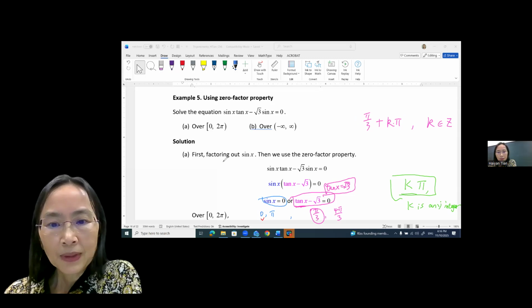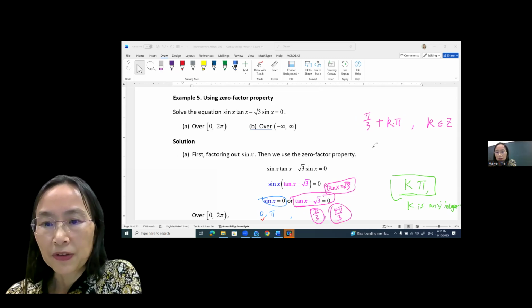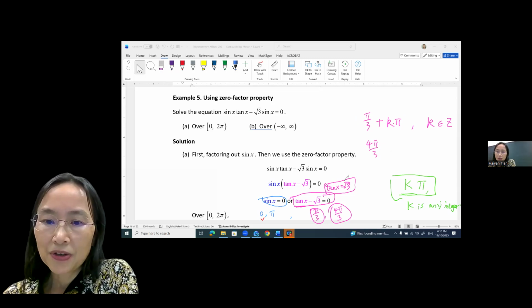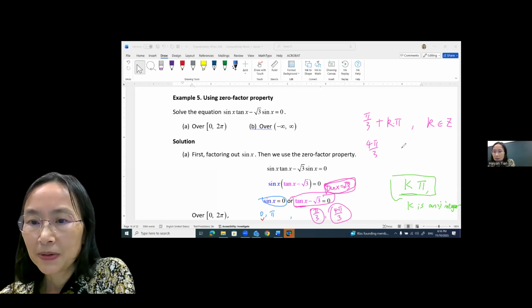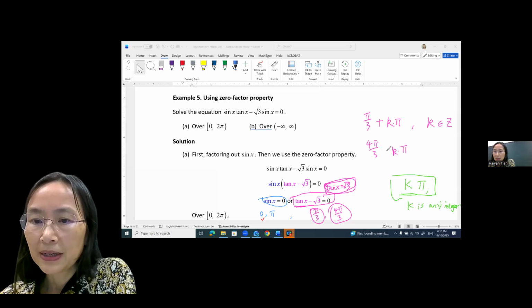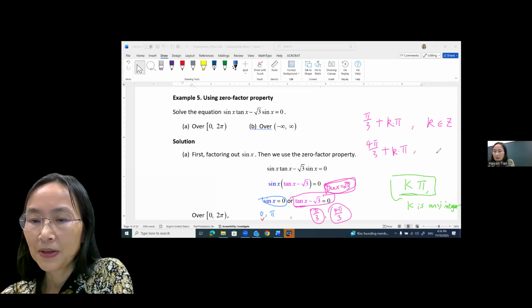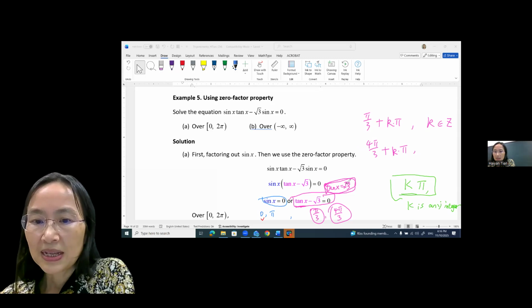And how about one more? 4 pi over 3. Again, because we're solving this equation involving tangent, the tangent function has the period pi. So if you add any integer multiple of pi, this is the set of possible values of x whose tangent is still the square root of 3.